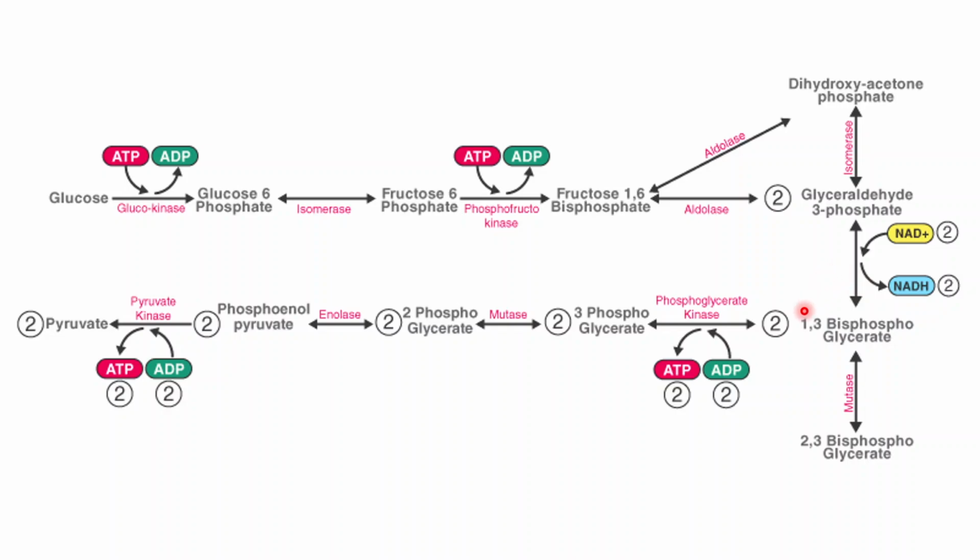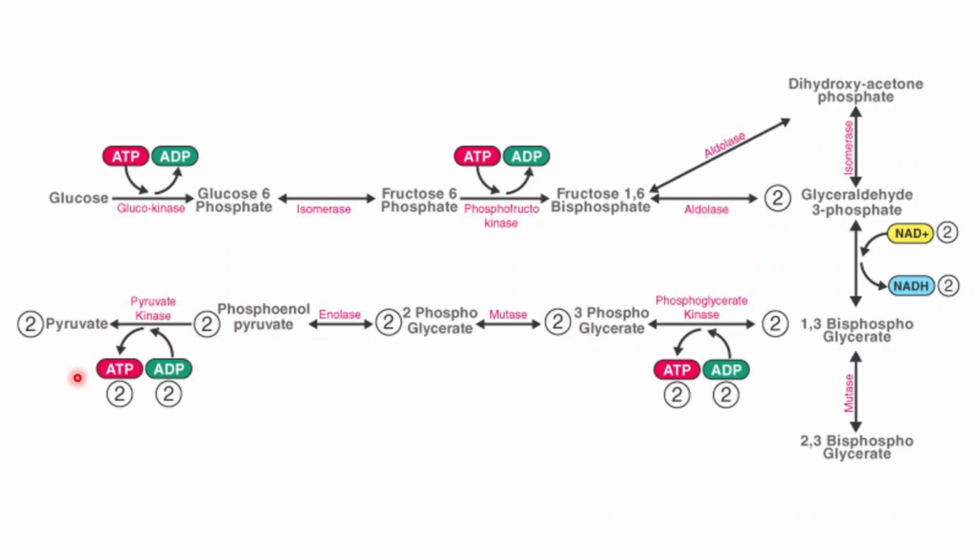One of the phosphate groups is taken from this molecule and given to the ADP molecule to make ATP. So adenosine diphosphate will become adenosine triphosphate, and one phosphate will be removed from this to make 3-phosphoglycerate. So the one phosphate group is transferred to adenosine diphosphate in order to make adenosine triphosphate.